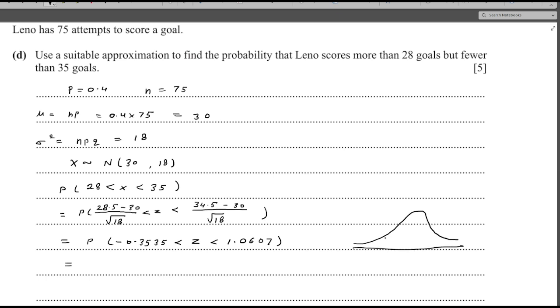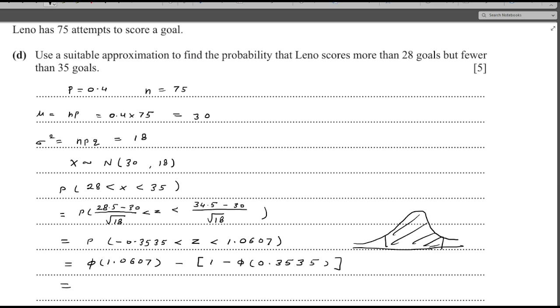Here you have to find the possibility between these two limits. So according to the diagram, this is phi of 1.0607 minus, here I will say 1 minus phi of 0.3535.